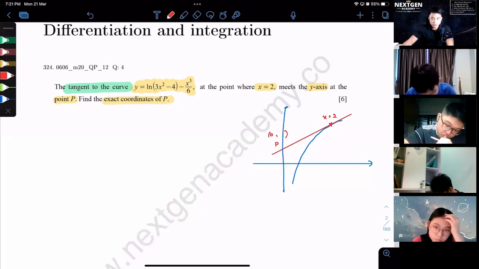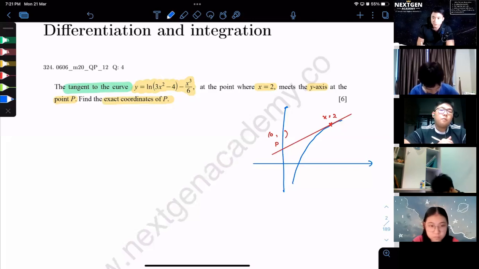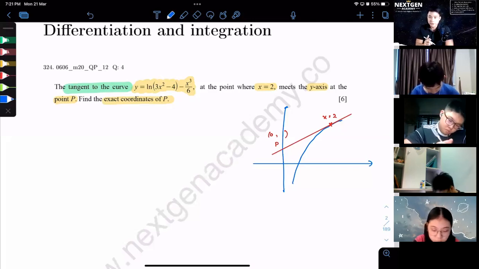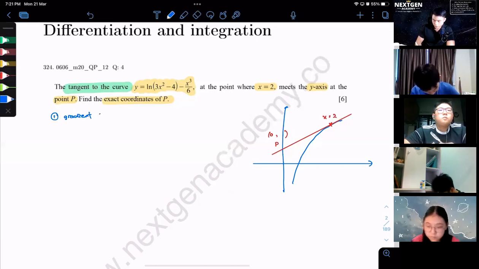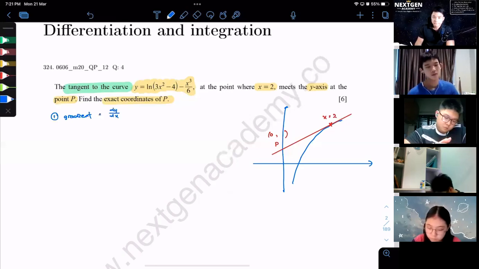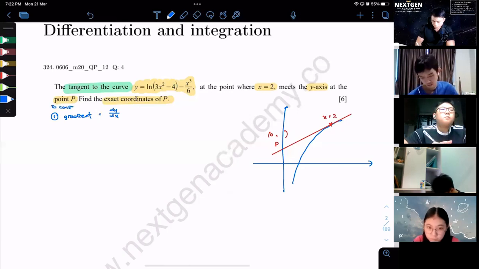I want you all to try first, and I'll guide you. So how do I find the tangent to the curve? Tangent is a straight line. This is the type 1 question, the tangent and normal one. For a straight line, number 1, you need the gradient, which is dy/dx, to construct the tangent line.